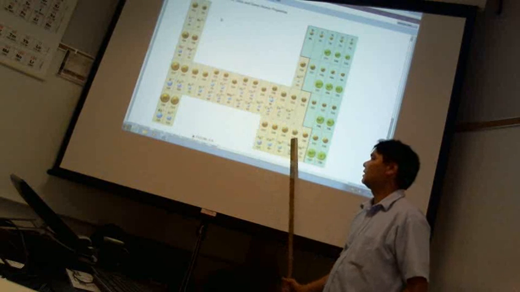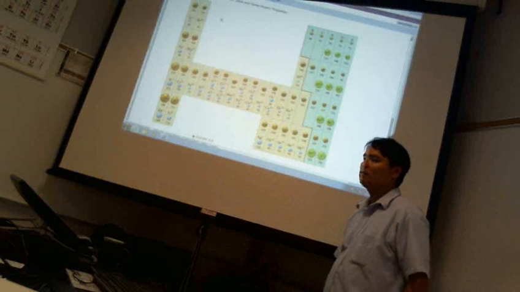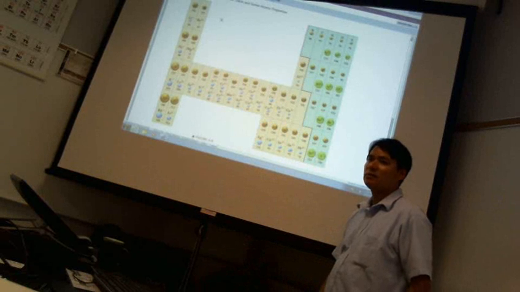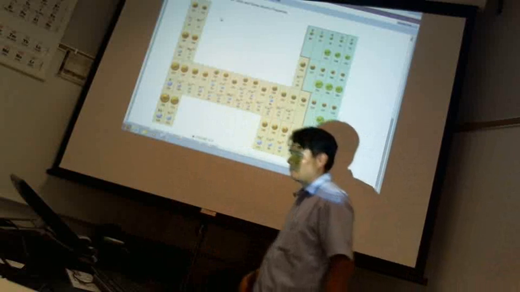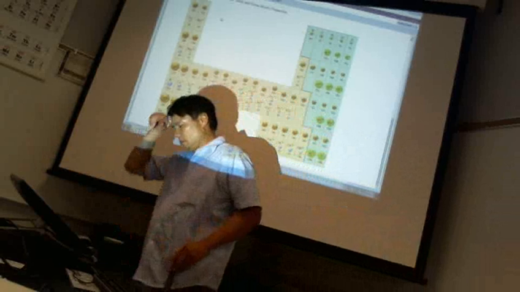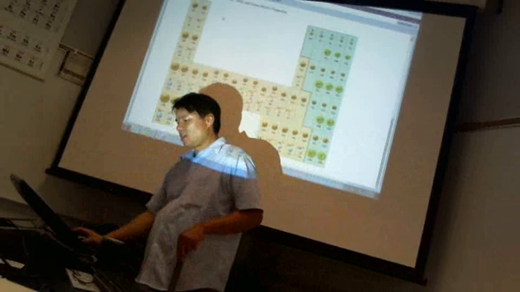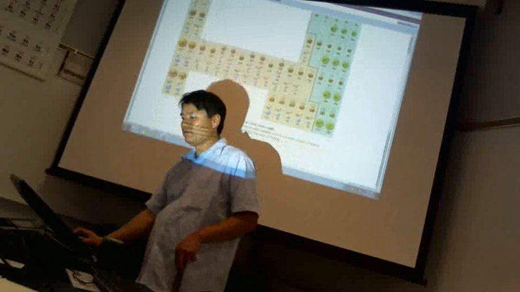Cations are smaller than anions. How much smaller? A lot smaller. So cations are a lot smaller than anions.